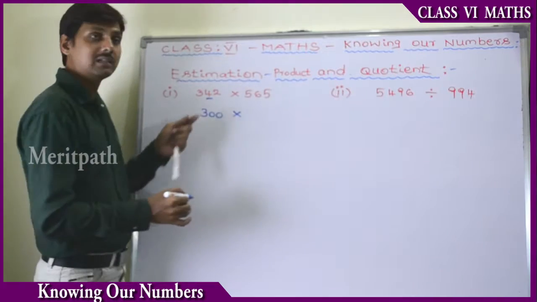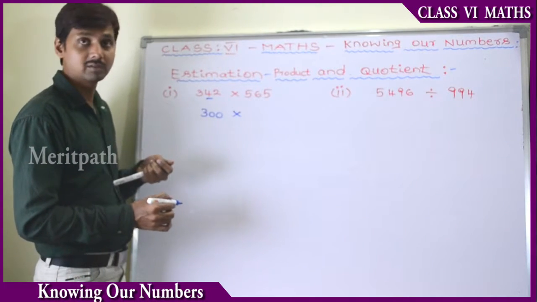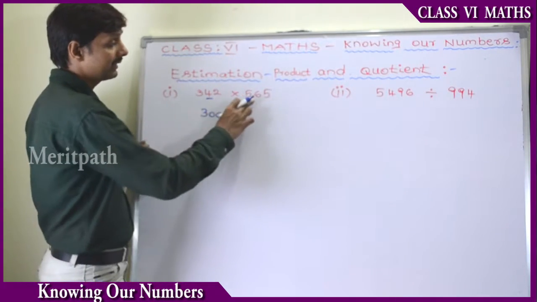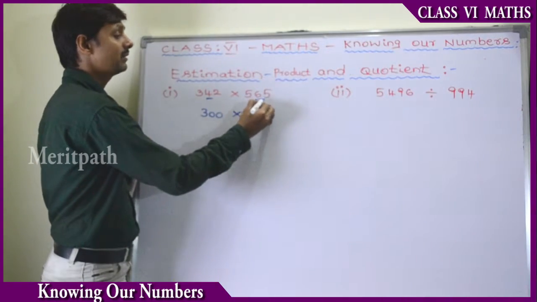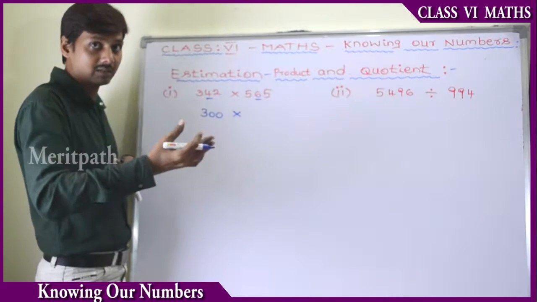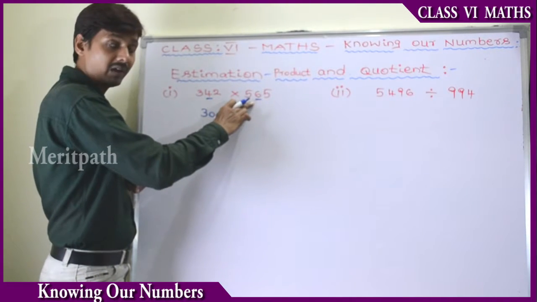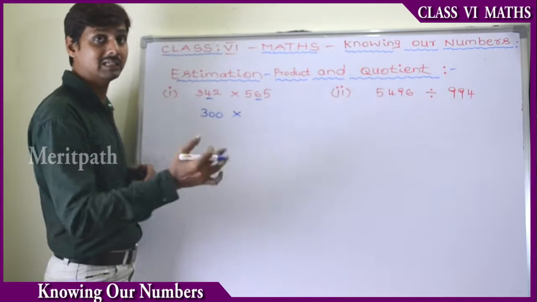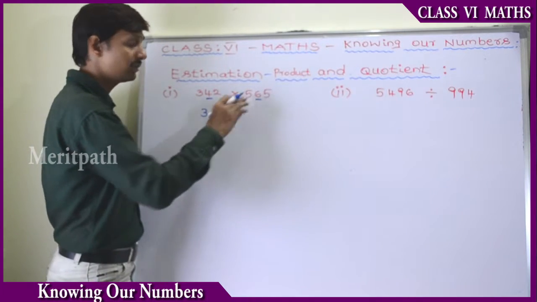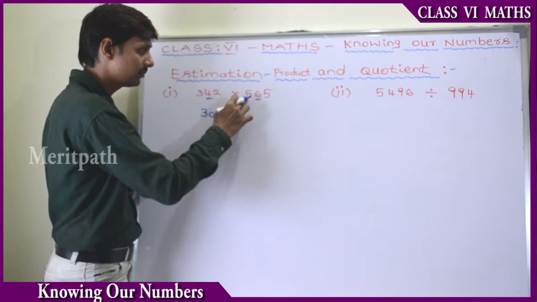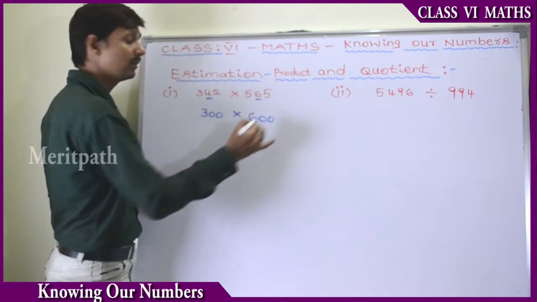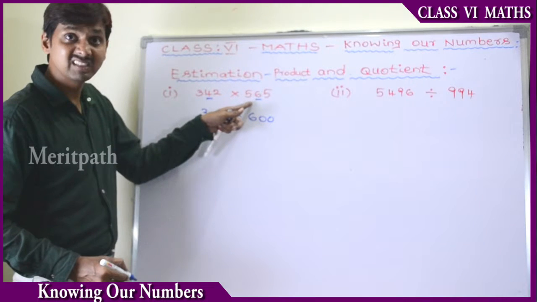So let's round this number towards the hundreds. Here it is 565. There is a 6, so it goes to the next digit. When we round to the hundreds, this 5 becomes 6, so it becomes 600, because the next digit is greater than 5.